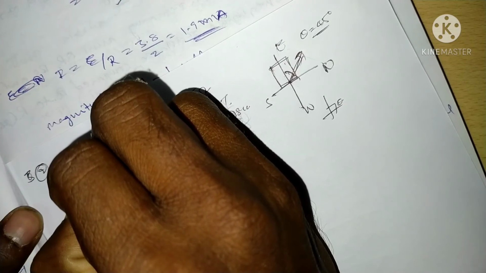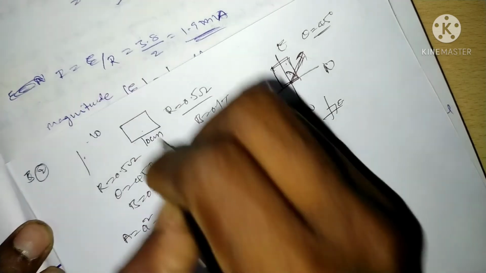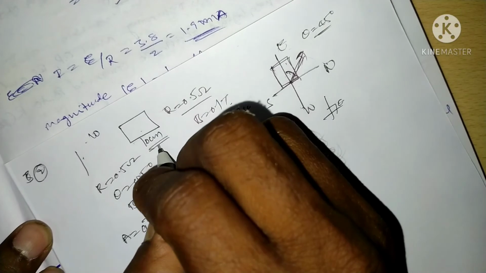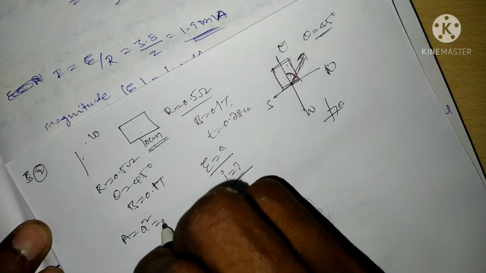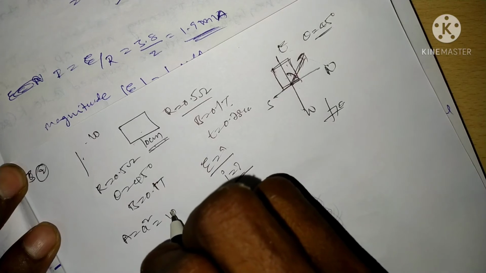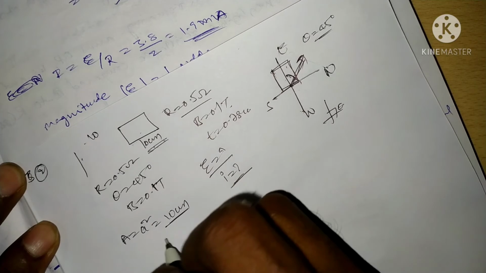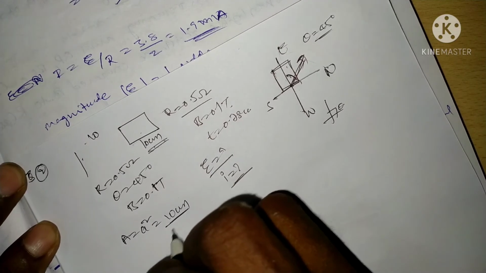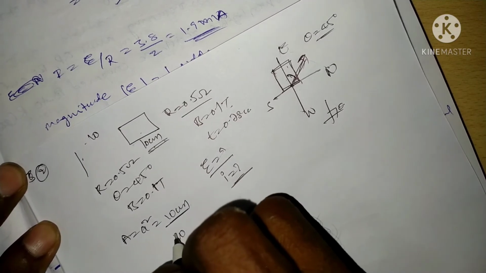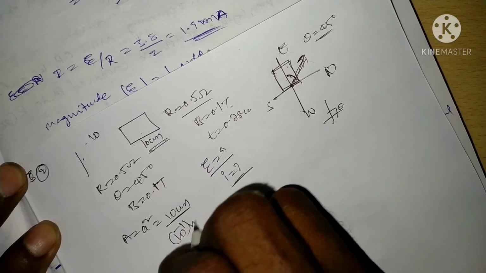One side is equal to 10 centimeters. Converting to meters, that is 10 to the power of -1 meters.